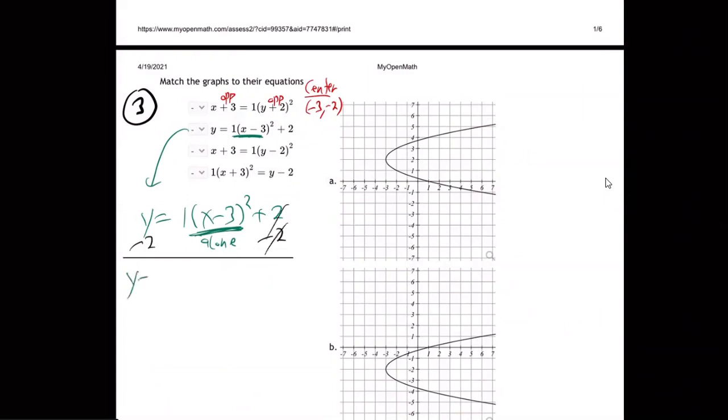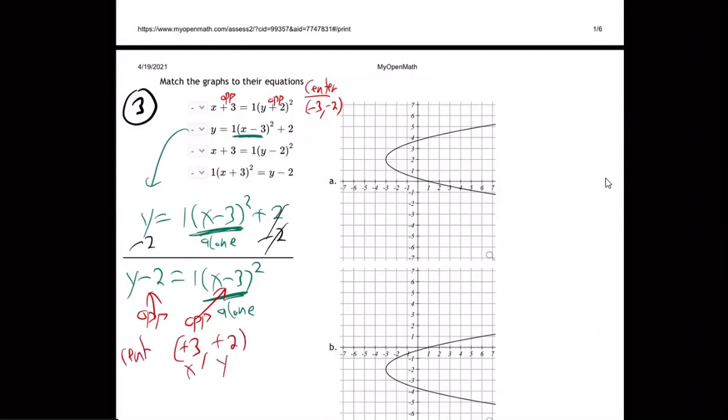This is y minus 2 is 1. Okay, good. So now we've got this guy alone. Now you can grab the x and the y and go opposite, opposite. So what's it going to be? 3, the x has to come first, plus 3, plus 2. That's the x and the y. That's the center.